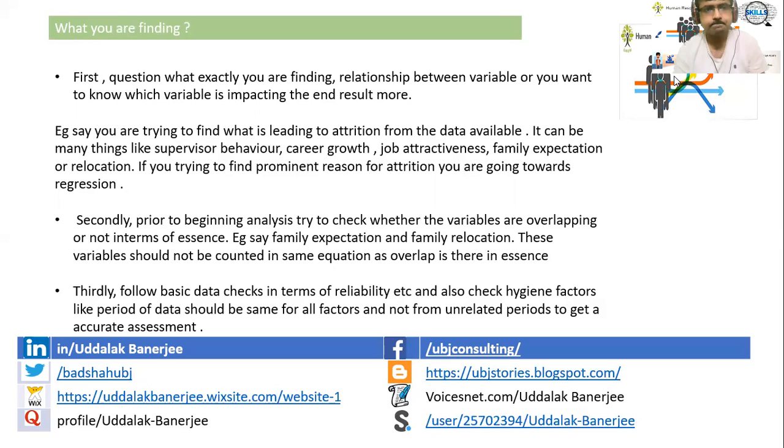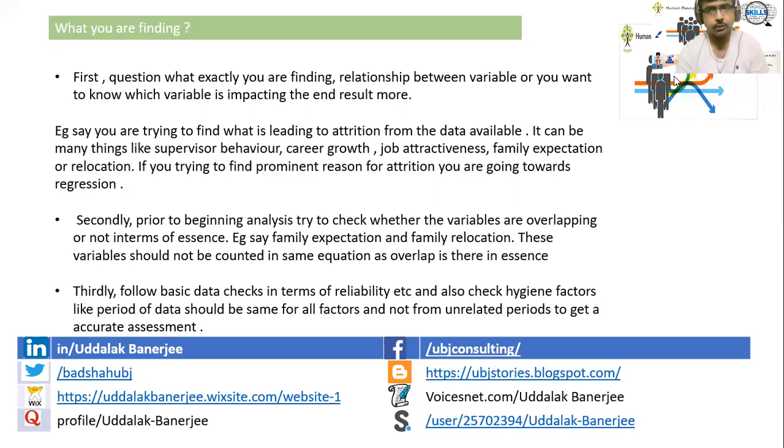So how to know what you are finding? First question: what exactly are you finding? Is it a relationship between variables, or do you want to know which variable is impacting the end result more? So you first try to understand whether you are exploring the relationship between variables, or you want to know which variable is impacting the final outcome. These are two different things.